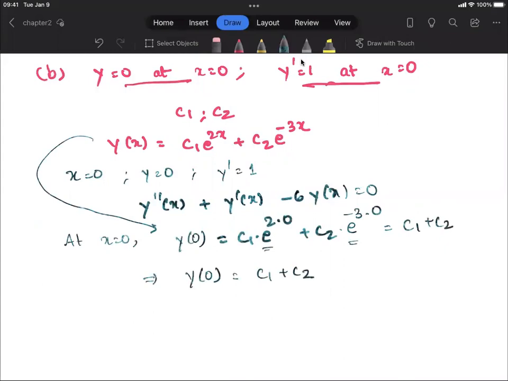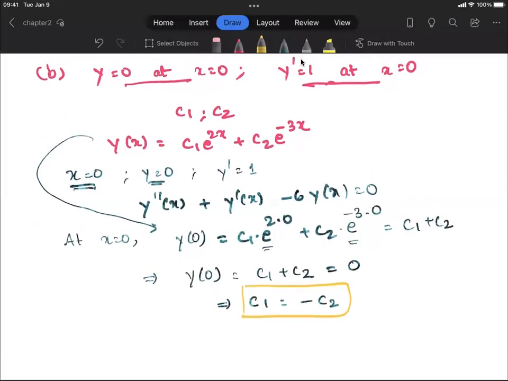However, the boundary condition tells us that at x equals 0, the value of y is equal to 0. So this should be equal to 0. Now this tells us that c1 is nothing but negative of c2. So we have some relation between c1 and c2 here. We still don't know what they are, but if we know c1, we can definitely know what c2 is using this relation.